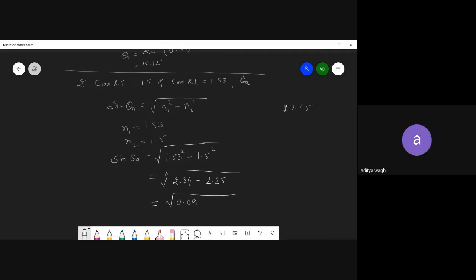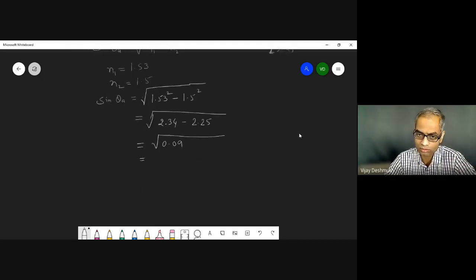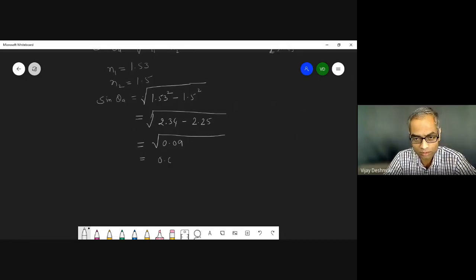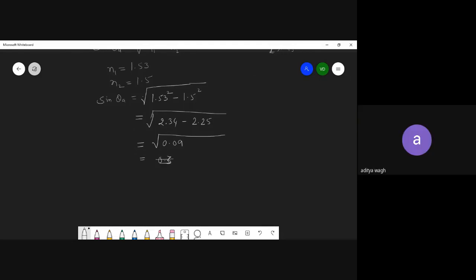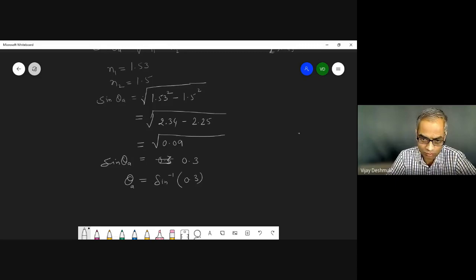Yes, sir. Okay. So square root of 0.09 is 0.3, not 0.03. So sin theta A is 0.3, and therefore theta A will be sin inverse 0.3, right?